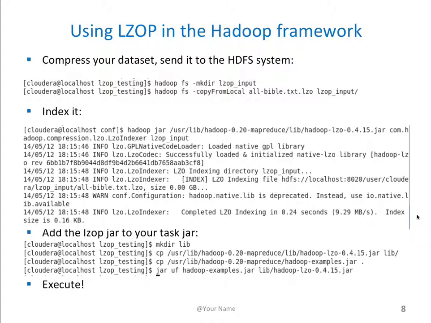We then take this LZO jar that we created, and we can add it to our task jar. We've got experience with building jars to perform Hadoop tasks, and then running them via the Hadoop jar command. One of the things that we can do to streamline our task then is that the system will automatically check in that jar in the lib folder for anything that it requires to perform its task.